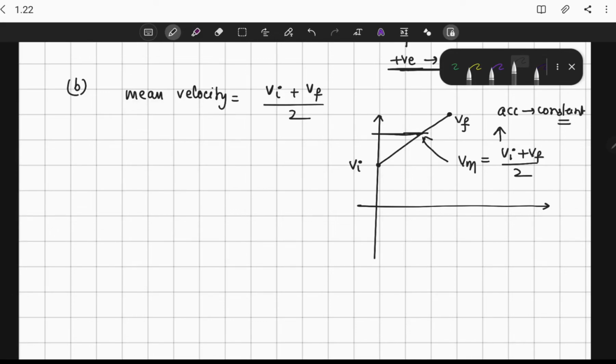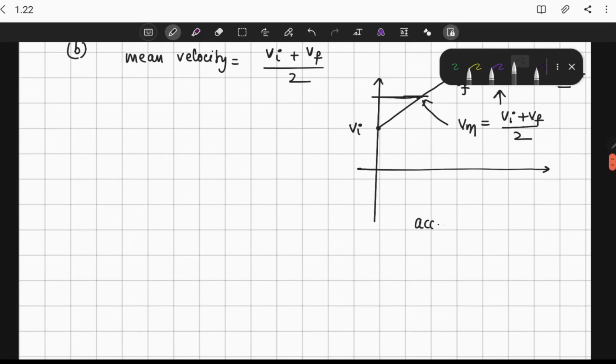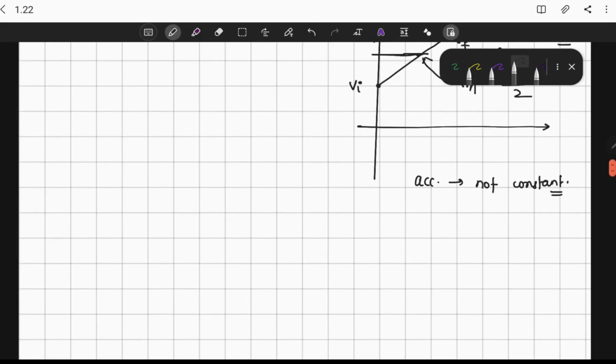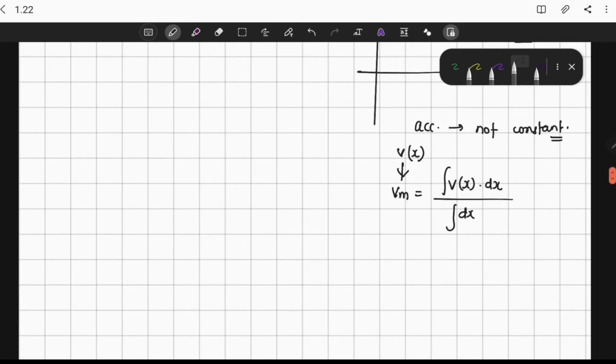Let us say the acceleration is not constant. Then in that case what we can do, for example, let us say the velocity is a function of x, then the mean velocity we can write as the integral of velocity into dx divided by the integral of dx over the domain of interest.